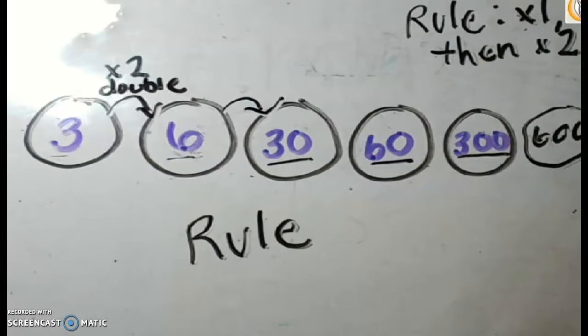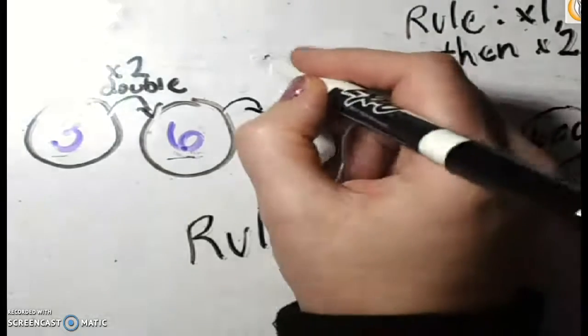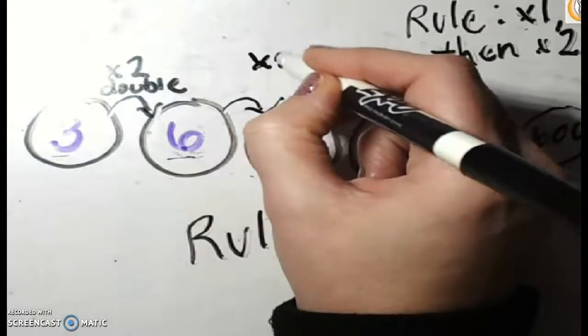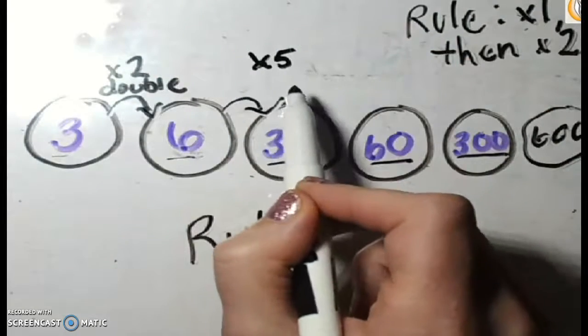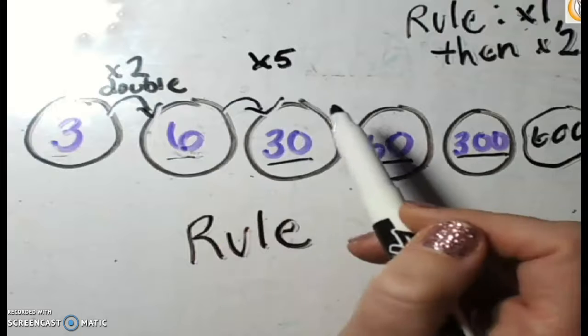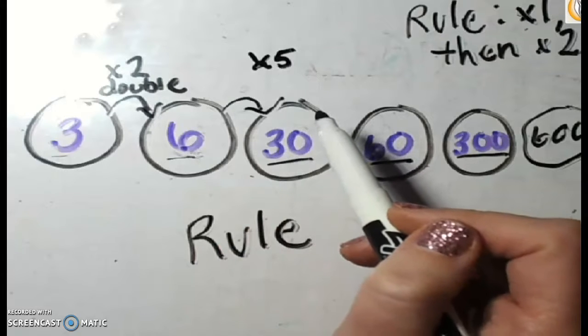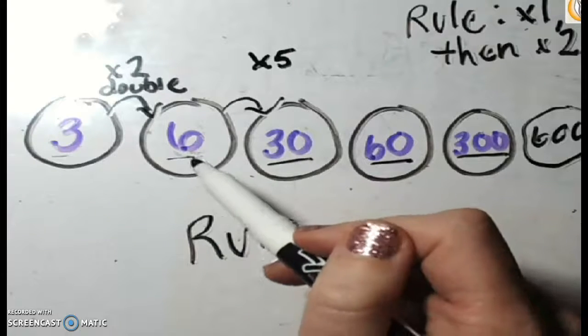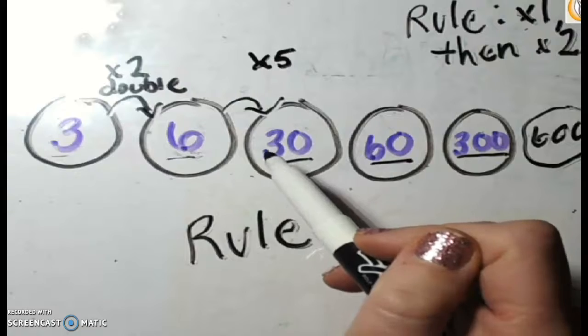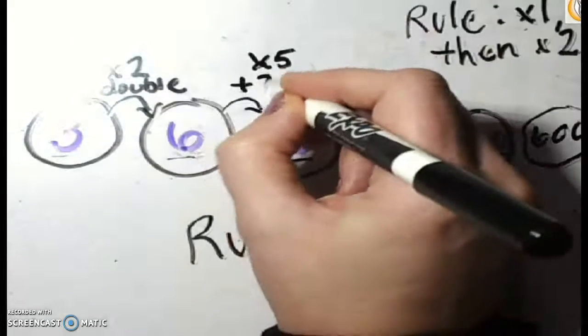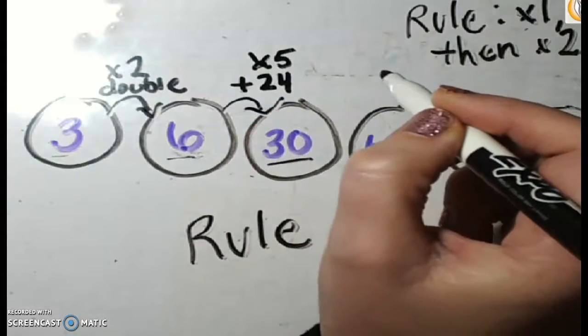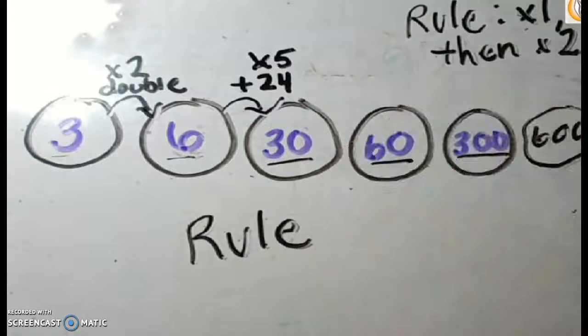Well, I'm thinking that I'm going to use multiplication. And if I do 6 times what equals 30, I know the answer is 5. So I'm going to put times 5 up here. Doubling doesn't work this time. So I don't want to write the word double. And if I was to count at 6 and count all the way up to 30, I would have to add 24. So I'll write that down, even though I don't think addition is going to be anything connected to the rule this time.